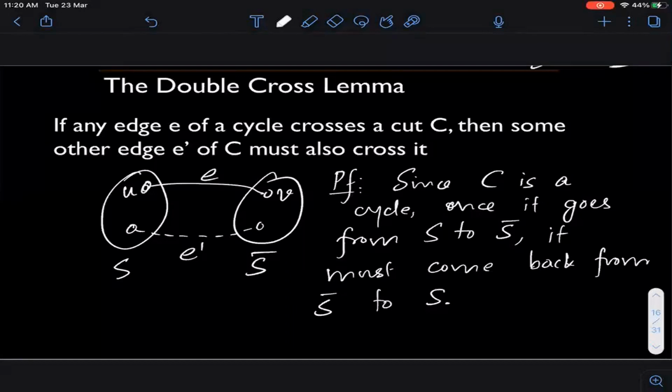Remember, the important thing is to prove two things, that this edge is part of the cycle and this edge also crosses this cut. So it's true that if you remove one edge of a cycle, the entire graph still remains connected, but that does not mean that there has to be another edge which is crossing this cut. So I think that will not exactly work there. Okay, but this is fine, right?